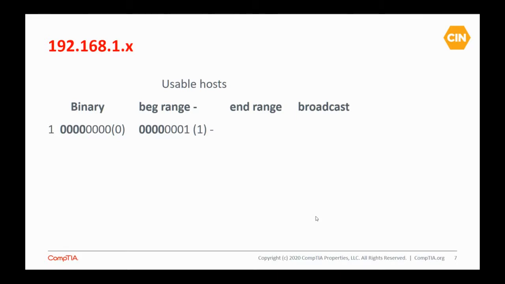The beginning of the range of usable hosts will start from the first one. So the network will still be 4 zeros, and I'm putting the network in bold in all of these slides, and then the host not bolded. It will have 0, 0, 0, and the first number of 1. So it starts from 1, and that in this case converts to a 1.